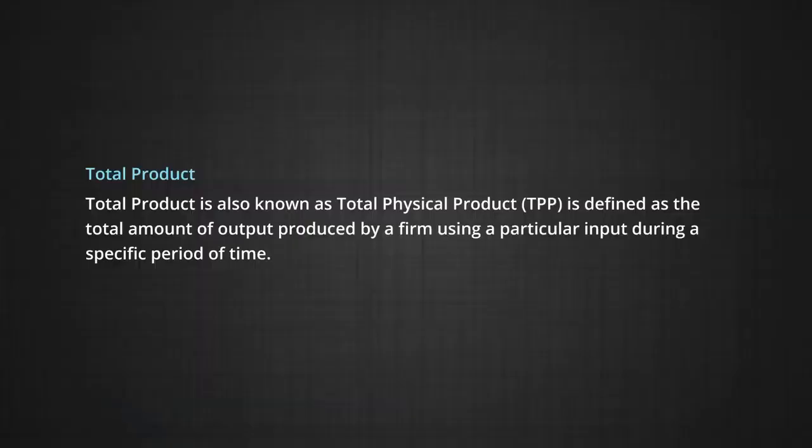We now turn to three concepts related to production, and these are total product, average product, and the marginal product. Total product is sometimes also called the total physical product and is defined as the total amount of output produced by a firm using a particular input during a specific period of time.